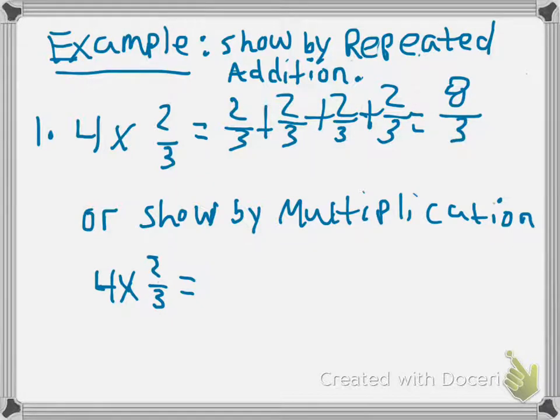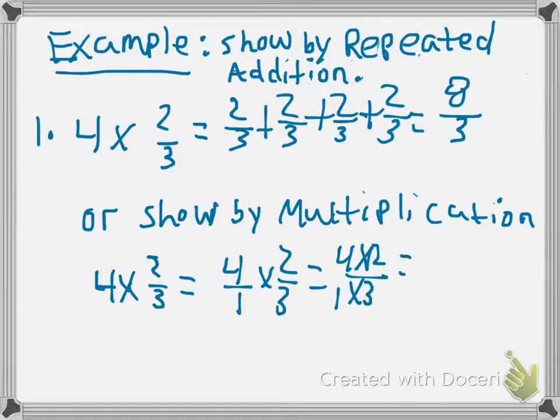You can also show that same fraction by just regular multiplication. What you do is you take the 4 and put it over 1 to make it a fraction, and you times 2/3, and you get in your numerator 4 times 2, and in the denominator 1 times 3, and that equals 8 over 3.